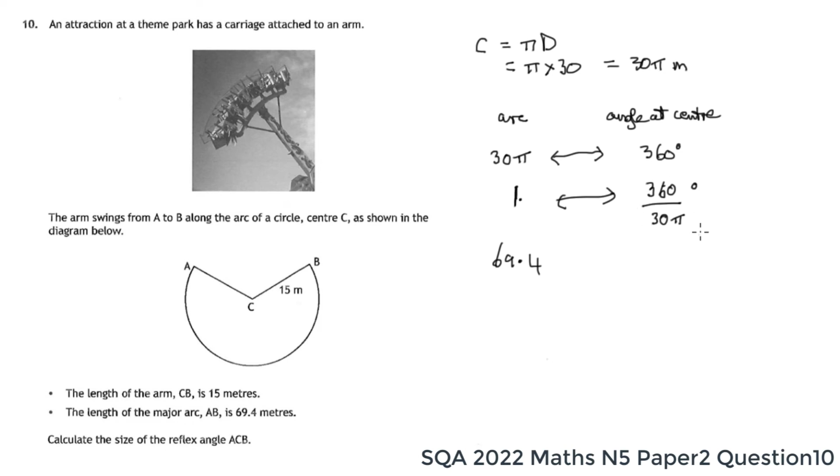Since it's in direct proportion, this also gets multiplied by 69.4. So whatever the number of degrees, the angle at the centre that goes with a 1 metre arc, the one that goes with a 69.4 metre arc will be 69.4 times that. And that's our answer. Now it doesn't look very healthy because we haven't simplified it. We need now to get our calculator out.